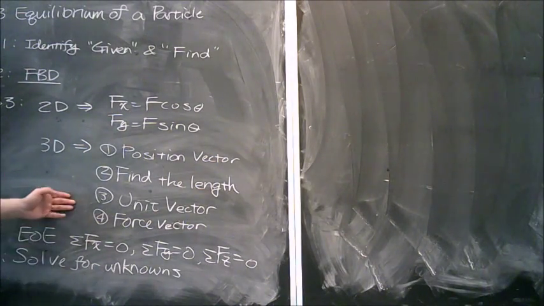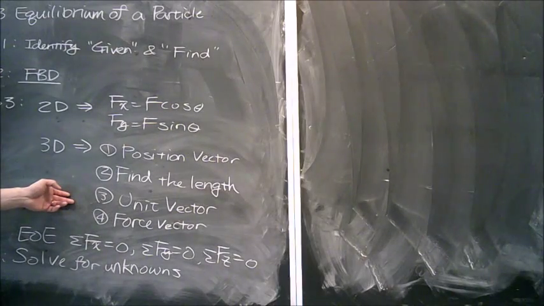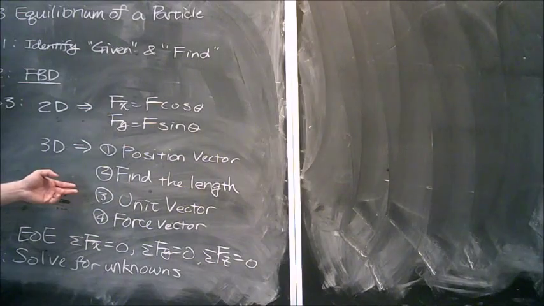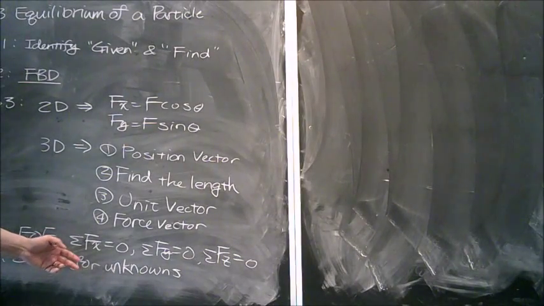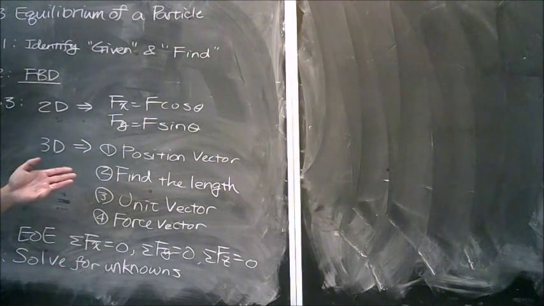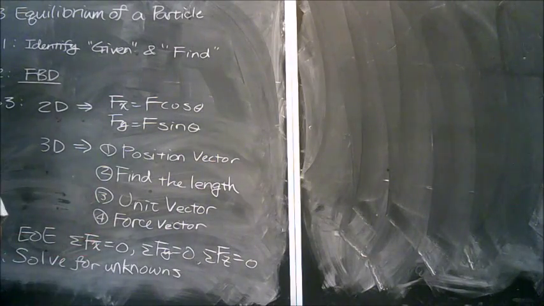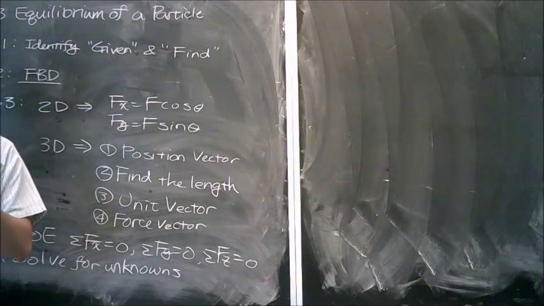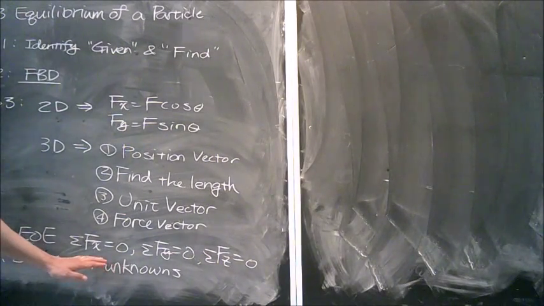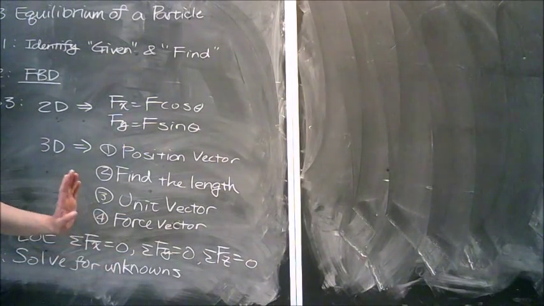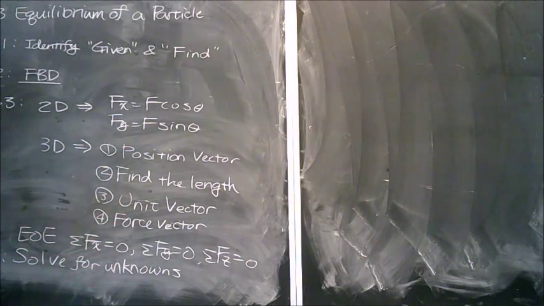No. So for 3-dimensional problems, how many equations do we have? 3. So how many unknowns can we deal with? Yes, 3. If you have more than 3 unknowns, you either made a mistake or you need to find another equation. We're going to talk about a trick in chapter 5, but in this chapter, if you have more than 3 unknowns, you're doing something wrong. Okay?